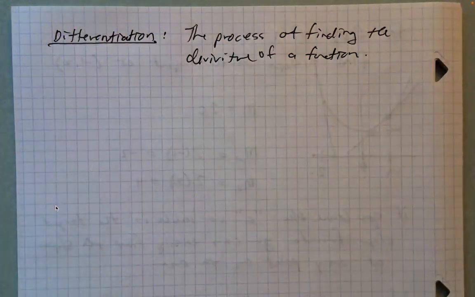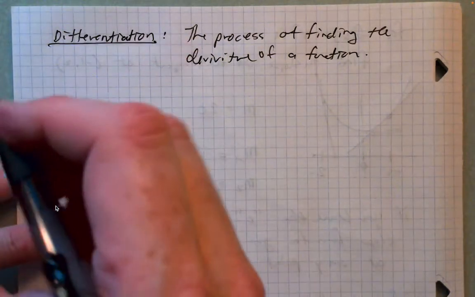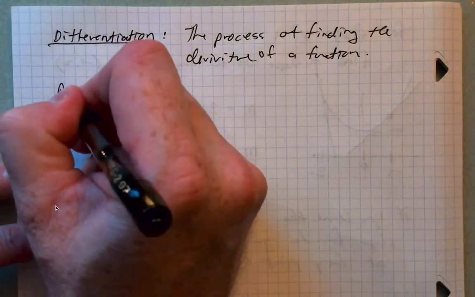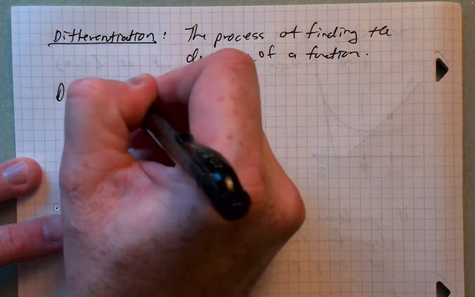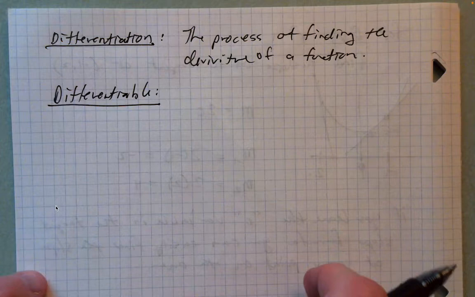Okay. A function is called differentiable at x if the derivative of f at x exists. Differentiable is another term that we'll use. Differentiation, then differentiable.